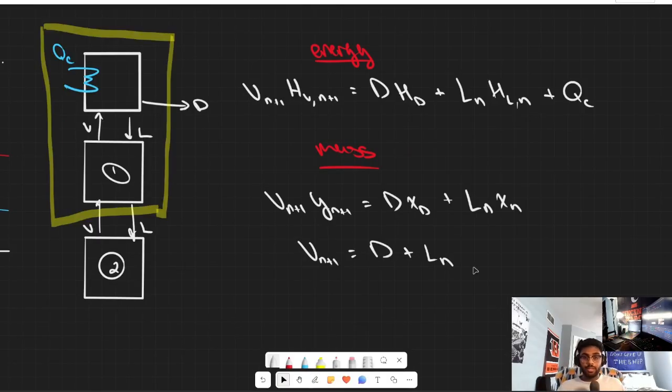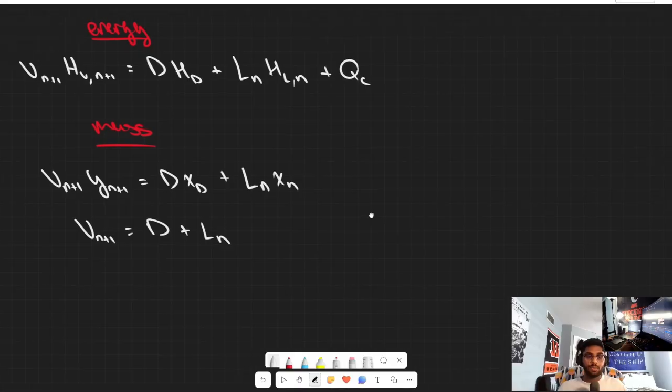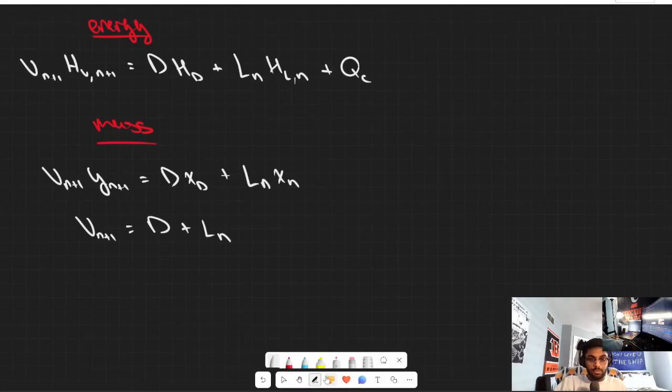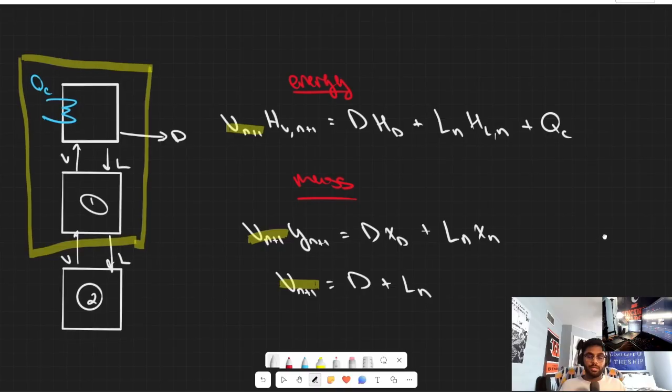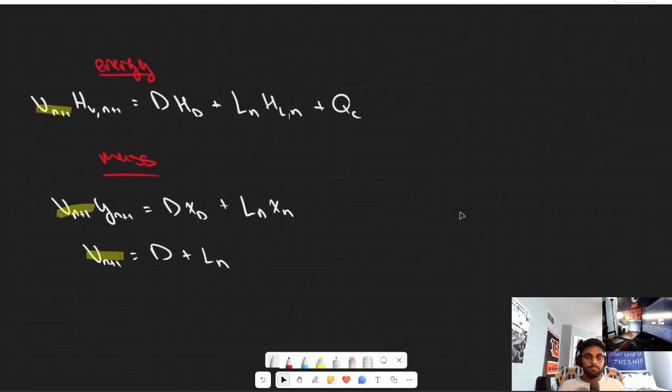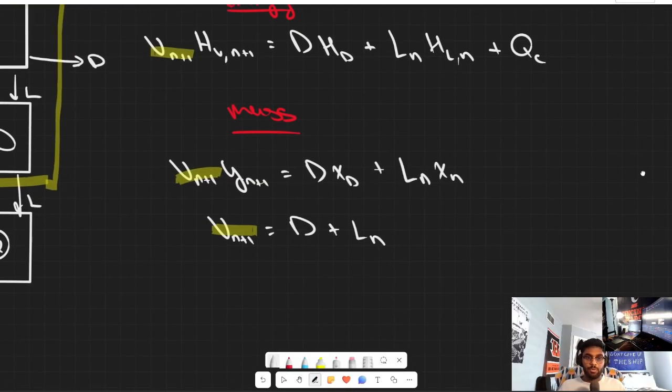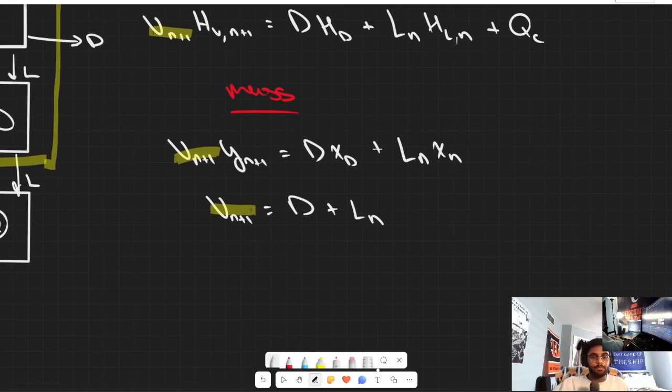So now algebraically, the next most sensible step is we now have this new definition for this vapor flow rate. So why don't we go ahead and plug it in wherever else we see it. I'll start with this energy balance. So now instead of our V n plus 1, we're going to put in this overall definition for it.